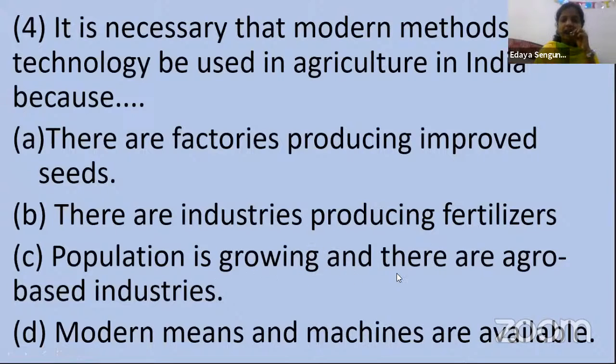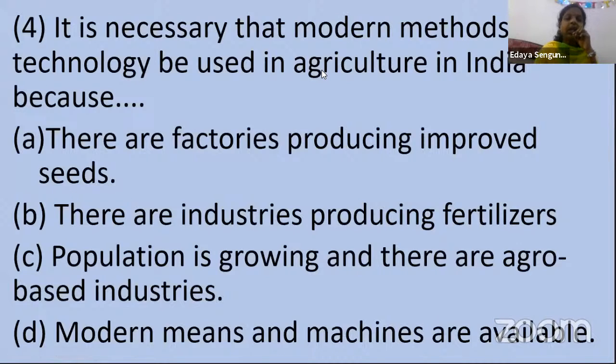Population is growing and there are agro-based industries. Agro-based industries means, as I just told you, industries which use agricultural products as raw material are known as agro-based industries. Modern means and machines are available. Which is the right answer? C. Population is growing and there are agro-based industries.